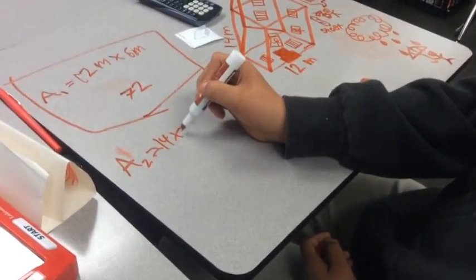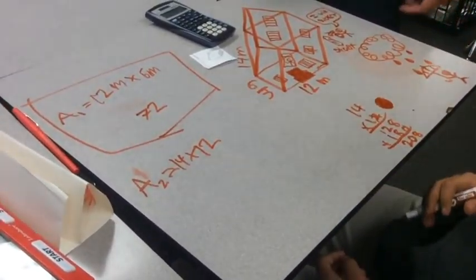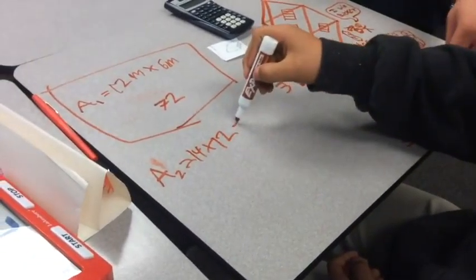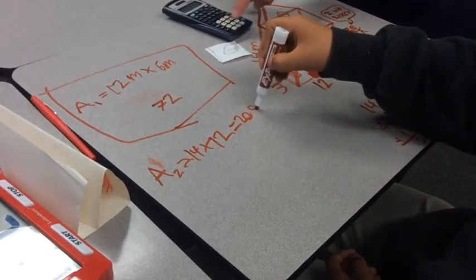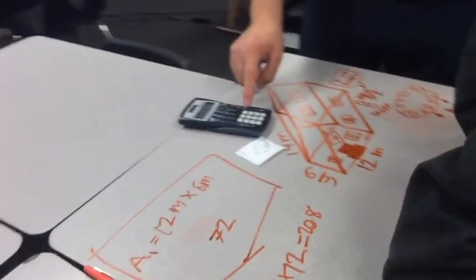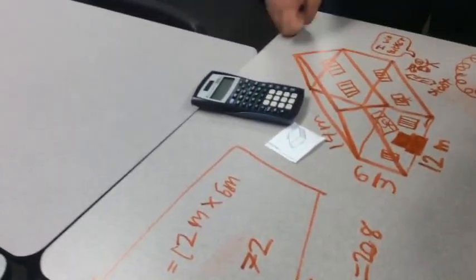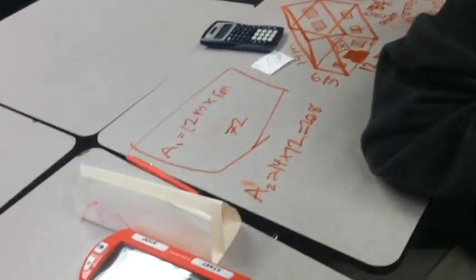Write that down. 14 times 12. What was your answer? 208. Is that it? 14 times 12. I got 168. How did you get 208? Alright, well, let's write down this number.